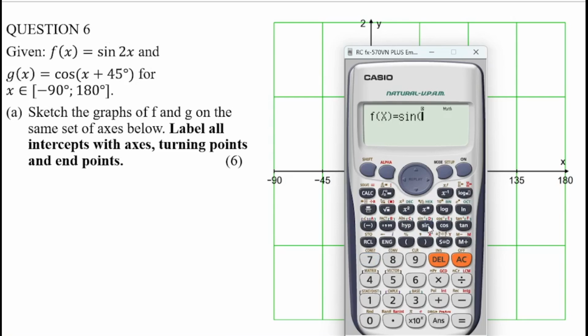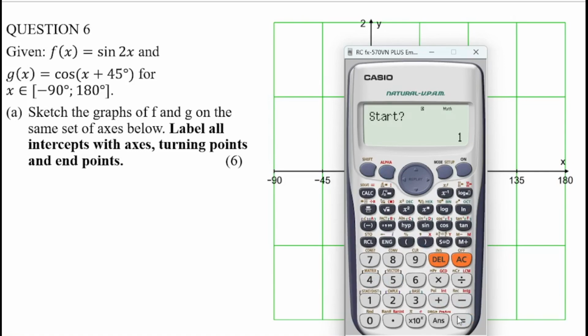So put sin, then 2, then alpha, and then x. Then we put our second function, which is cos(x + 45). So you press alpha, put your x here, and then plus 45. Then you close the brackets and press equals.